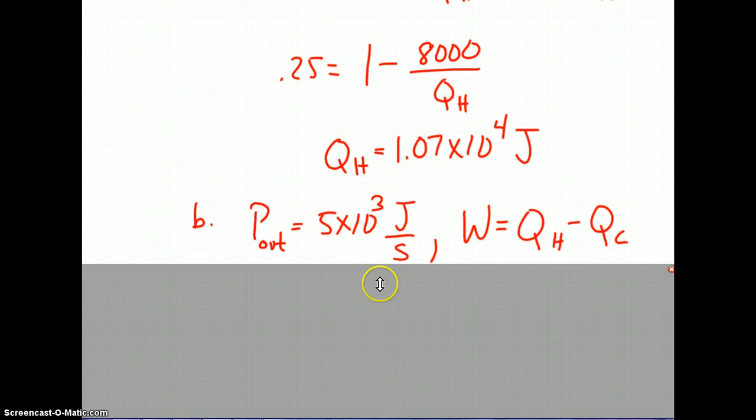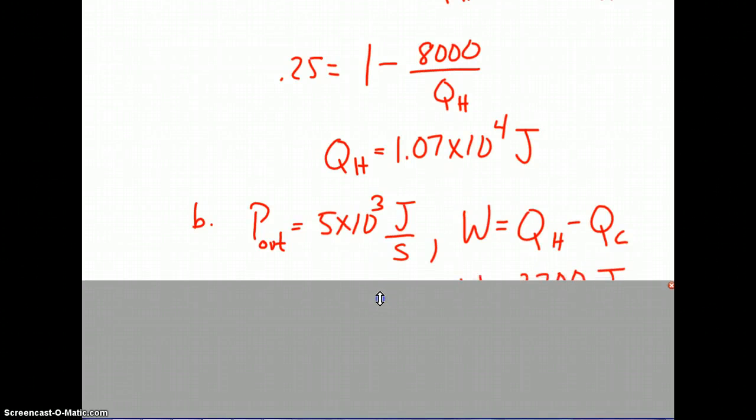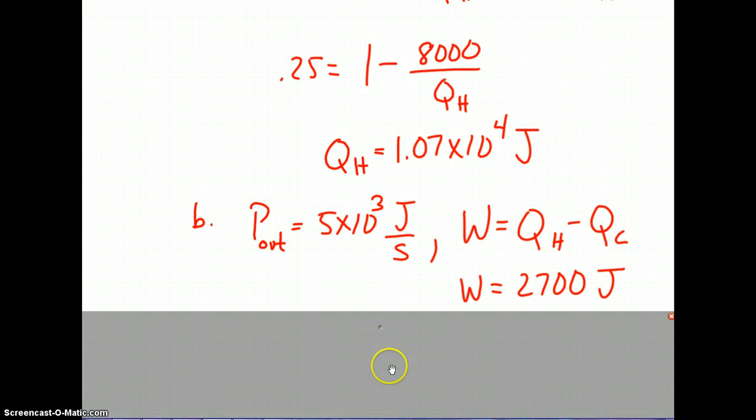the work is done. To calculate the work, we know that QH minus QC equals the work. And since we know the QH value, 1.07 times 10 to the 4th, and we know the QC value is 8,000, we can subtract and get a work value of 2,700 joules.